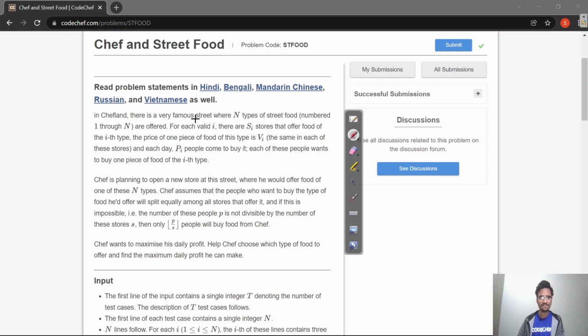In Chefland, there is a very famous street where n types of street food, 1 through n, are offered. Means n types of street foods are there. For each valid i, there are Si stores offered by the ith type. Now the price of one piece of food of this type is Vi, meaning value.